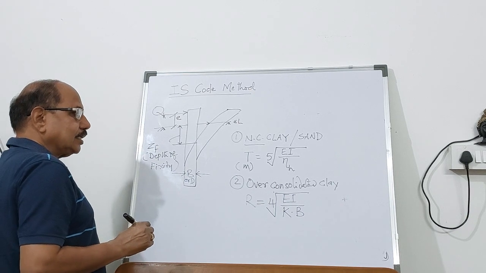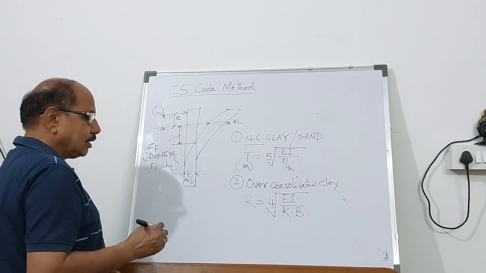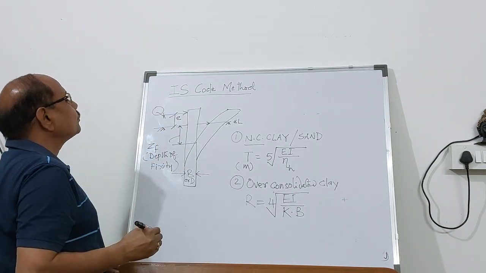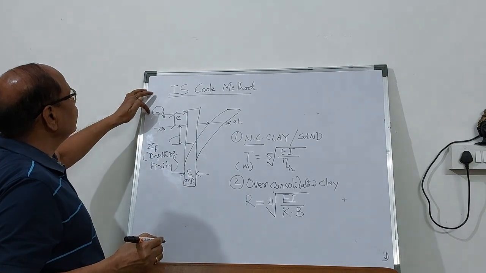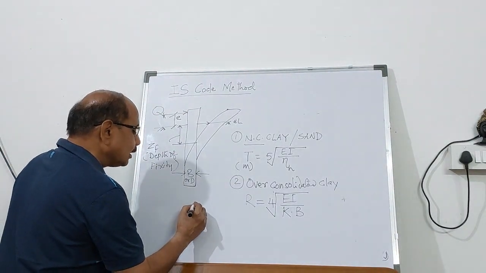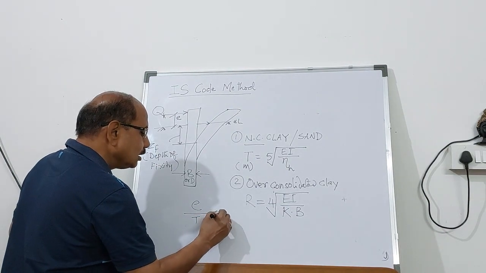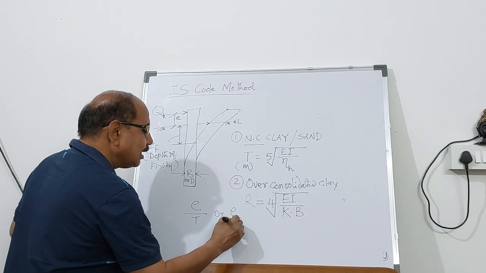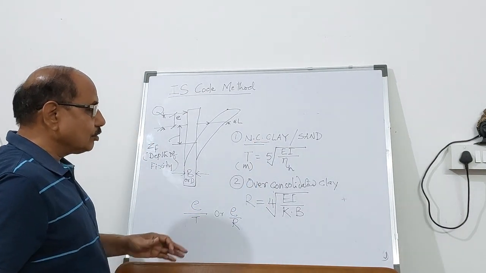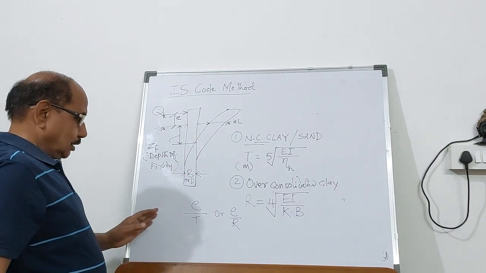So for these two criteria, you will have to see the ground condition and calculate the value of T and R, and then you know the point of application of the horizontal load over the pile, so you can calculate E by T or E by R as the case may be, depending upon whether it is normally consolidated or sandy ground or over-consolidated.